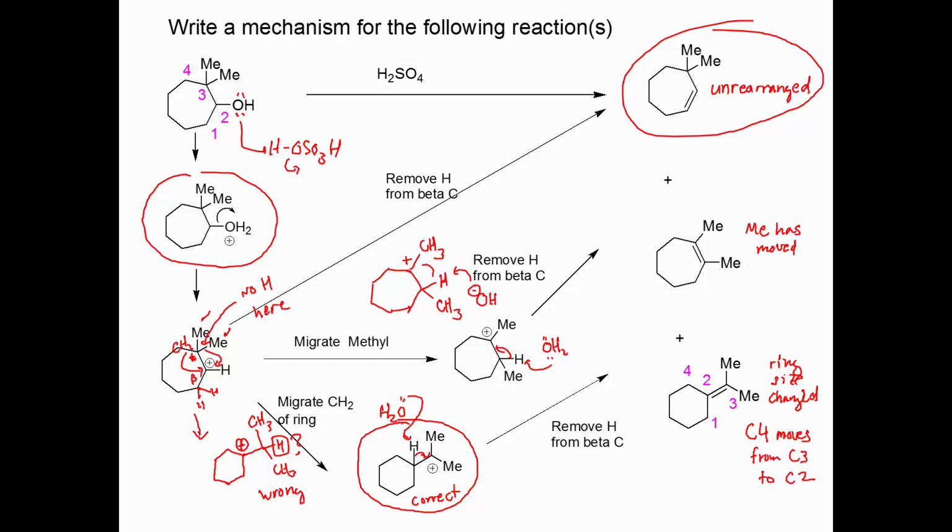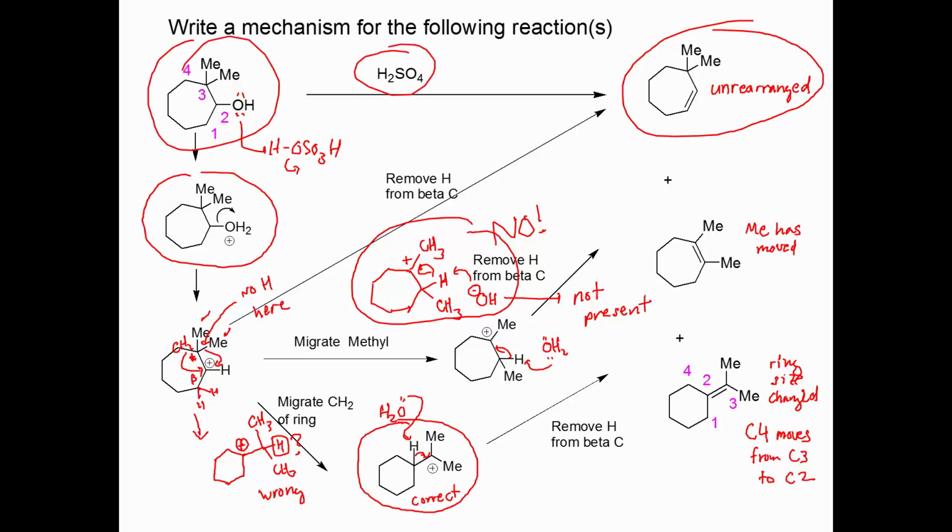Okay? And the reason is that this compound here, hydroxide ion, is not present. Okay? These are the only things that we should be showing in our mechanism, plus the water that you made in step 2. Okay?